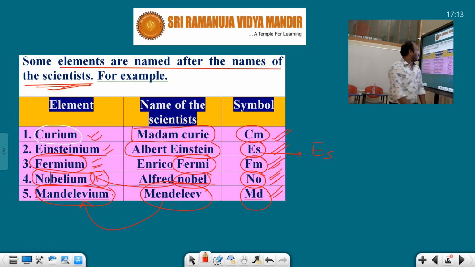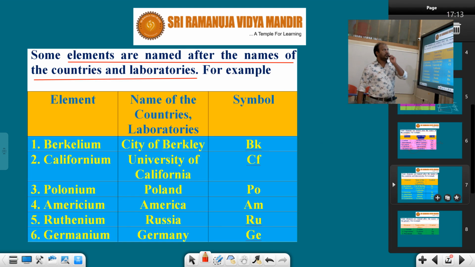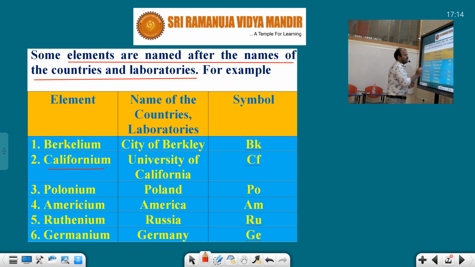And after that, some elements are named after the names of countries and laboratories. Observe Californium. This element name is derived from the University of California, which is in America.